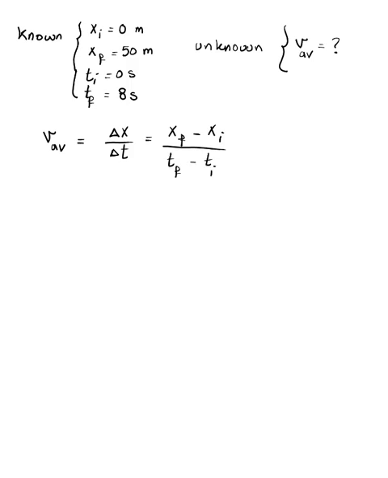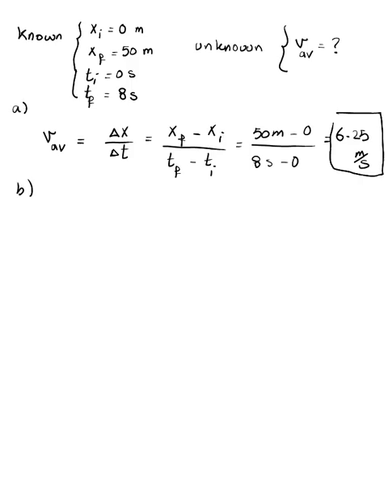Now substitute the numbers: 50 meters minus 0 divided by 8 seconds minus 0. So this is 50 divided by 8, which gives me 6.25. And again, units, units, units. The unit of velocity is meters per second.